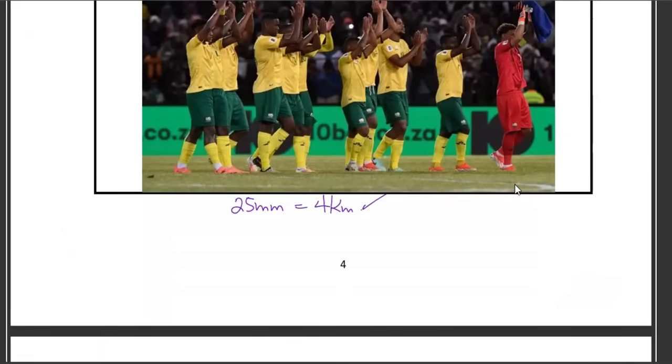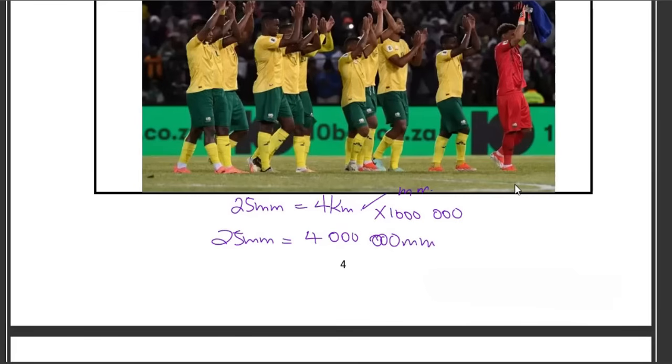Our aim is to change this to millimeters, because we want them to become a ratio. We want them to become the same. So 25 millimeters are equivalent to 4 kilometers to millimeters. We multiply by a million, so this is 4 million. Now they are both in millimeters.